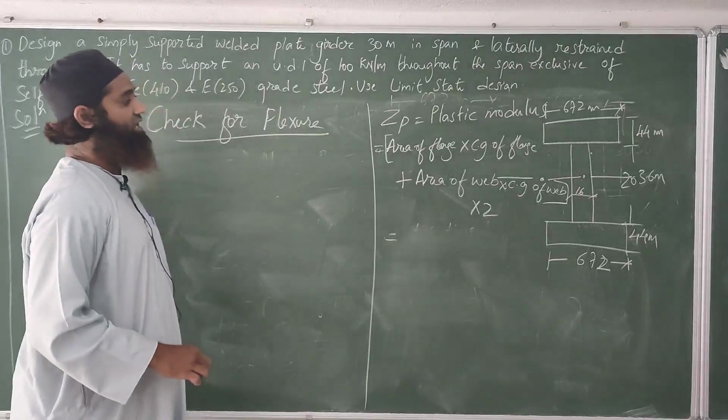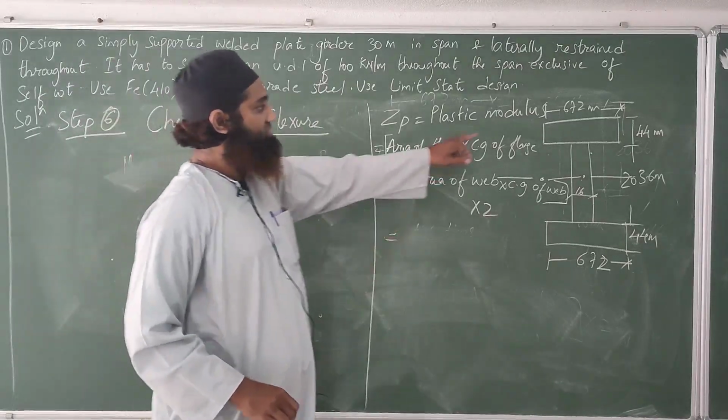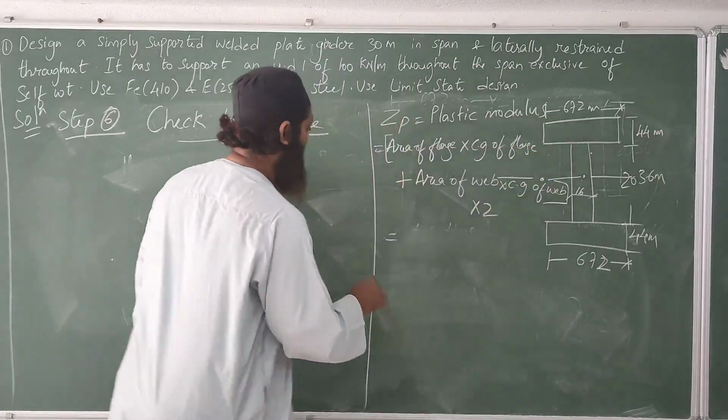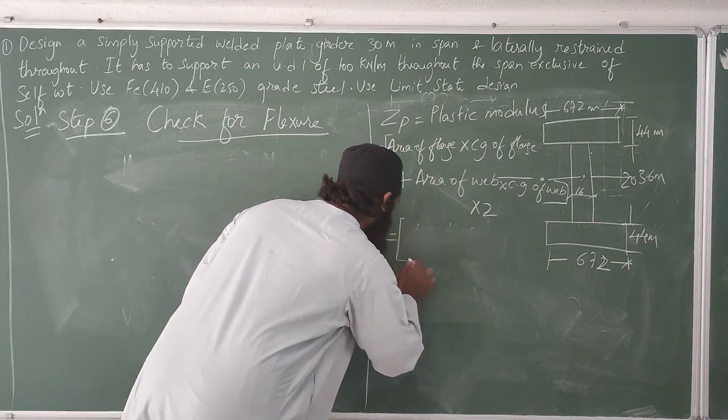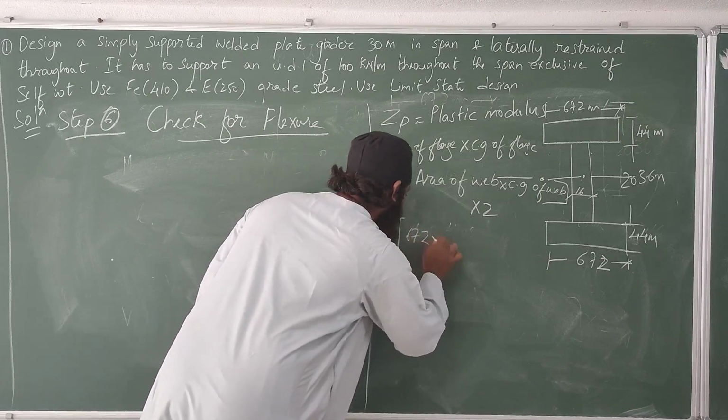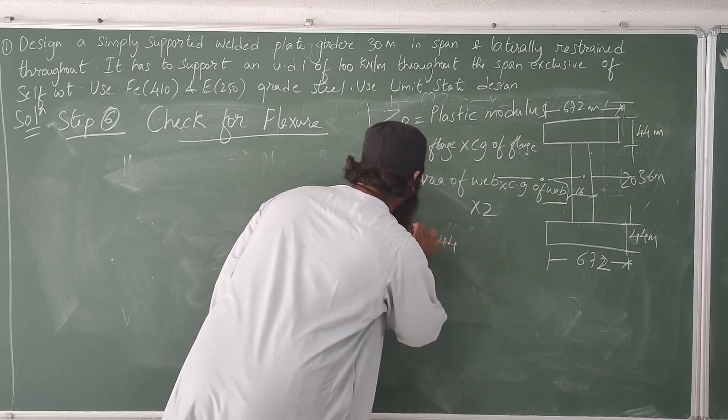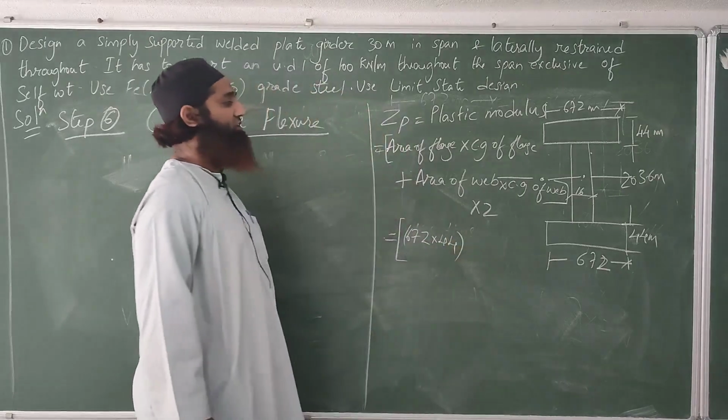Let's find out the area of the flange. It is very simple: 672 into 44 is the area of the flange.